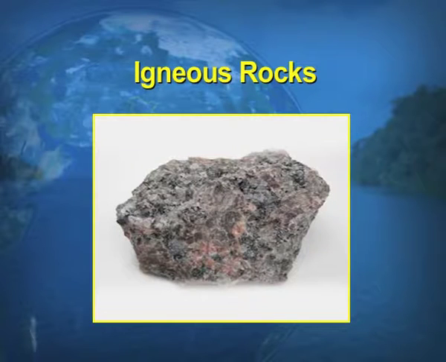Here is the picture. You can view this picture. It will show you how the magma is found in the interior of the earth, and when it comes out on the surface of the earth, how it forms the different features.